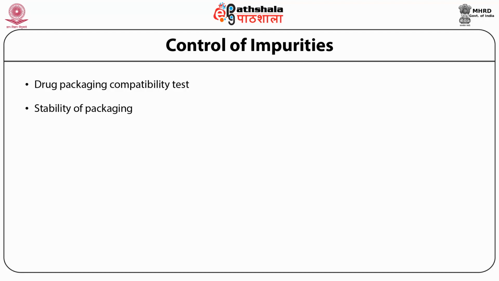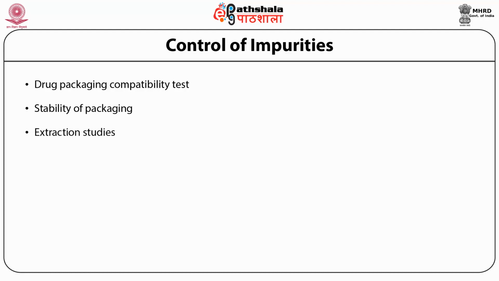So how the formulator will store that particular formulation. So basically he or she should be acquainted with the stability of the packaging material, like the melting point of that packaging material, or the glass transition temperature, or the solubility of the packaging material, the structure of that packaging material, whether any reactive molecule is present in that packaging material, and so on. The third one is the extraction studies.